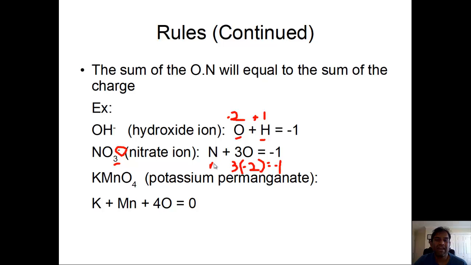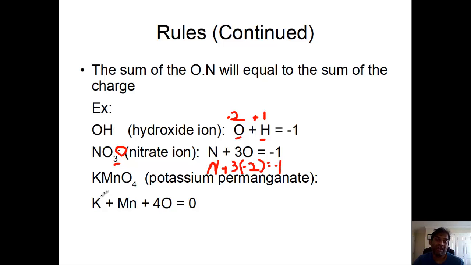So really it's going to be N plus 3 times the -2 oxidation state of oxygen, times 3, will equal -1. So if you do that math, it will be N minus 6 equals -1. Here, the nitrogen has an oxidation state of +5.